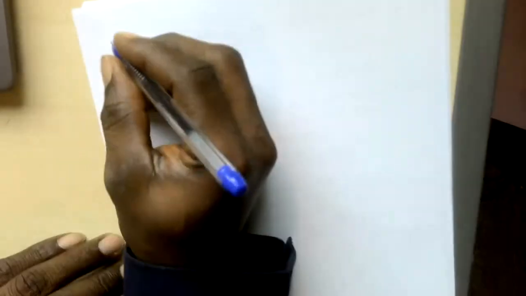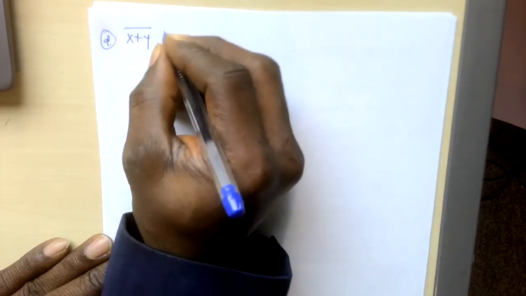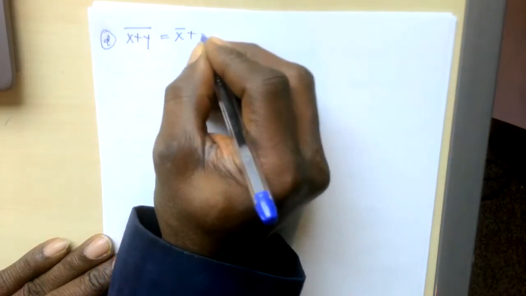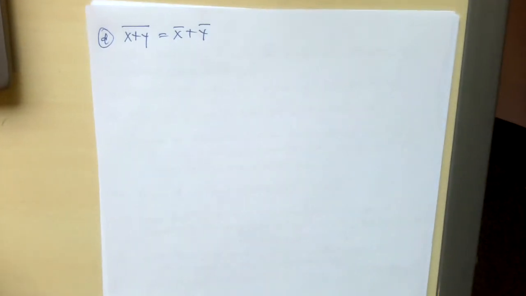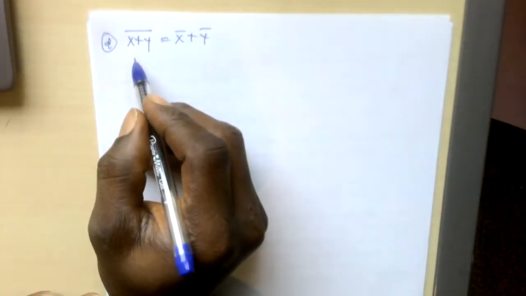So the part says to prove that the mean of x plus y equals x bar plus y bar, right? So the mean of the sum equals the sum of each mean. So also, let's start from the left-hand side here, right?